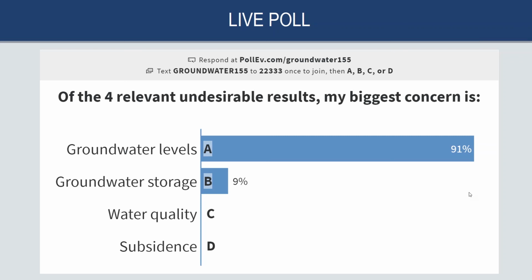We have a question. What is the difference between groundwater levels and groundwater storage? The main difference being that it is possible to have changes in groundwater storage that aren't necessarily consistent with groundwater levels. And so you can have an increase in groundwater levels and not have a concurrent increase in groundwater storage.